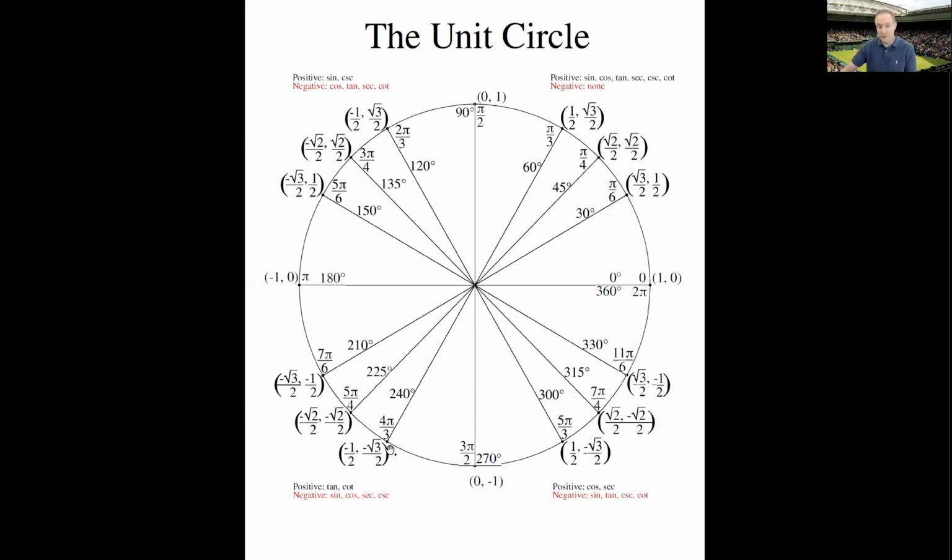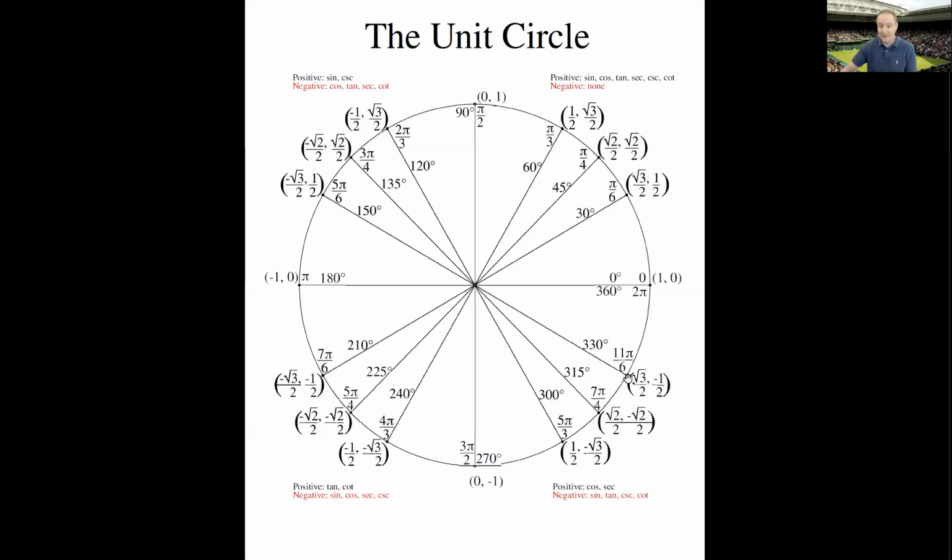At 4 pi over 3, you should say, well, it's the same two values that you see at pi over 3 and 2 pi over 3, except now the x component and the y component are negative because we're moving to the left and we're moving down. At 5 pi over 3, that's the same thing as 4 pi over 3, except our x component is positive since we're moving to the right a half of a unit.